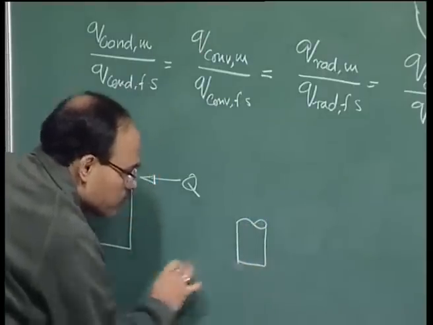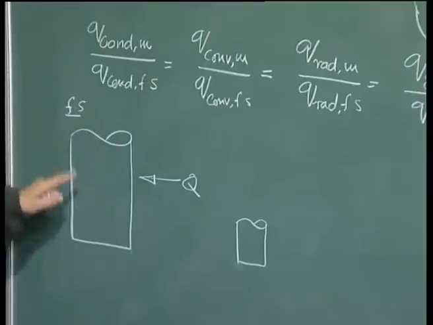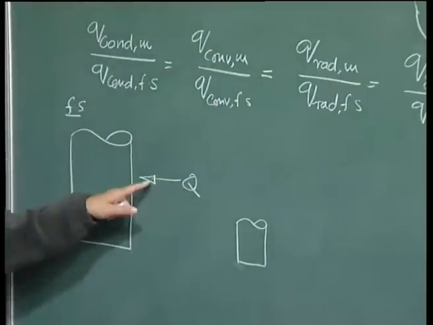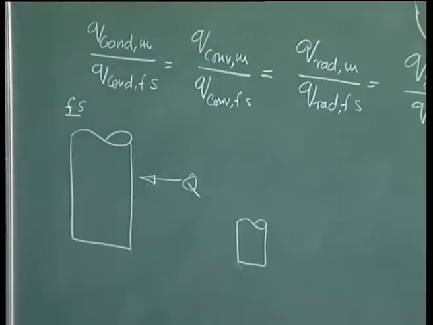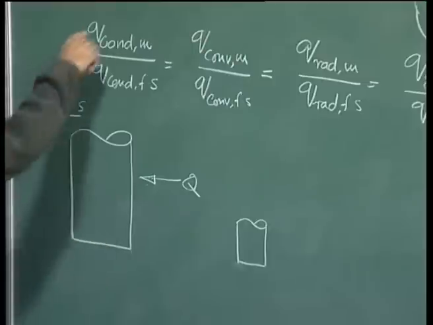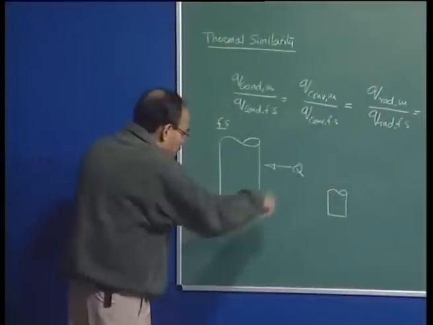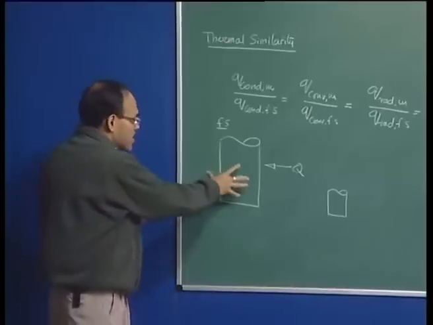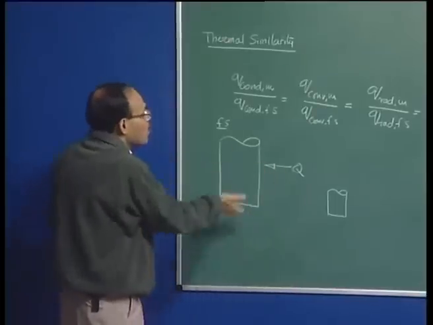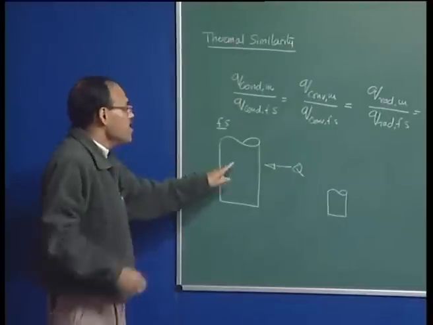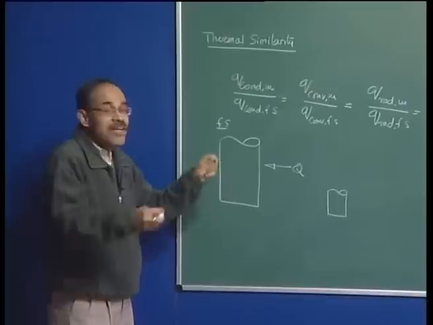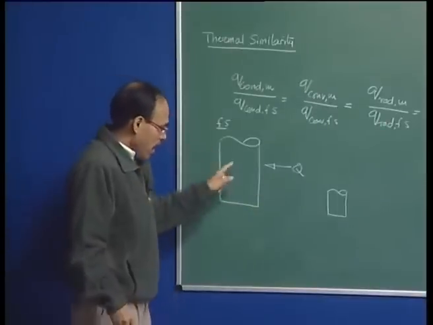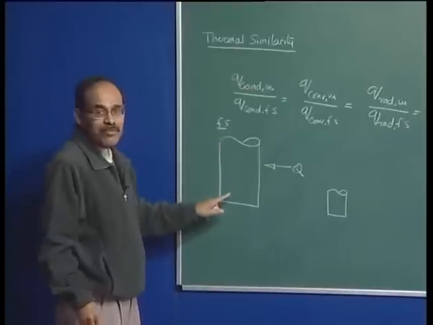This is an industrial system, I know the size of the cylinder, and I know the rates at which heat is being supplied. Maybe it is contained in a furnace, exposed to 1100, 1200 degrees centigrade, whereby it is continuously heated up. Initially the object is at room temperature, then I put it inside the furnace and the object gets heated up. I know the heat flux, the dimensions, and the thermophysical properties.